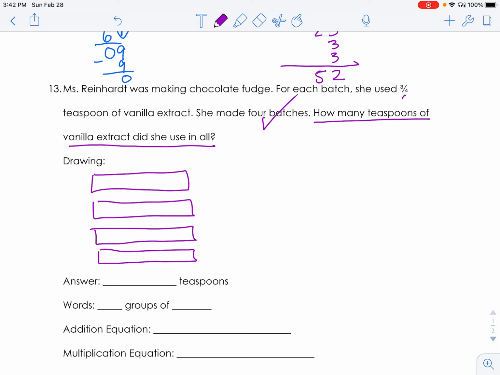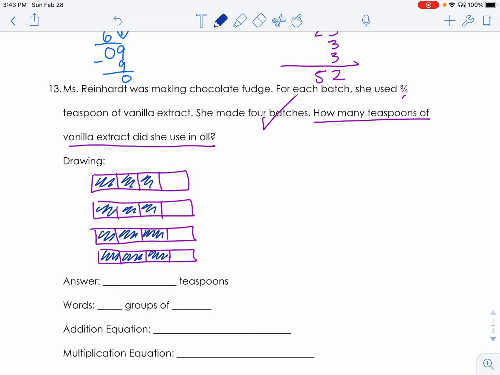So what am I going to split these all into? If you said fourths, you are correct. Let's split these into fourths. And then if I want to show 3/4 each time, I'd shade in 3 out of the 4 on each group. Now I chose rectangles. You could do circles, anything where you're splitting the shape up into equal pieces.